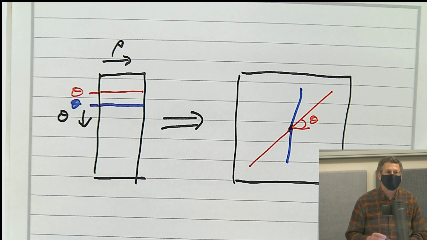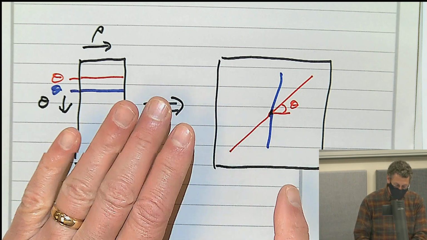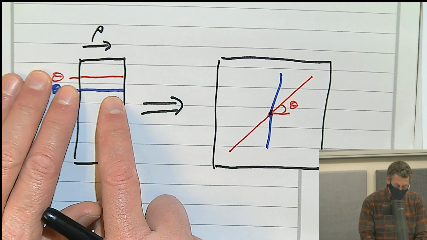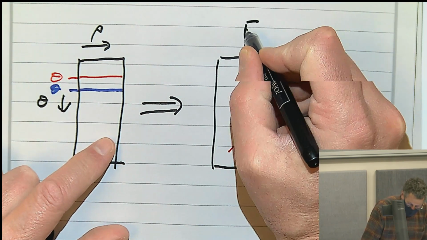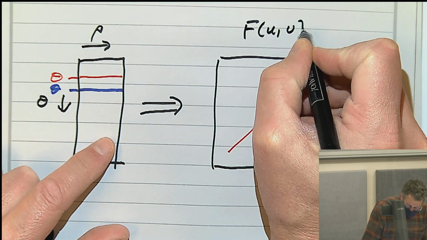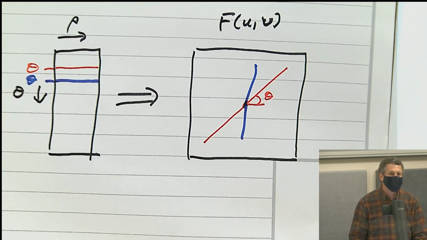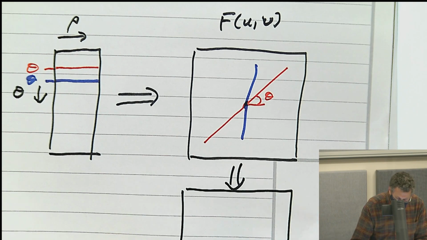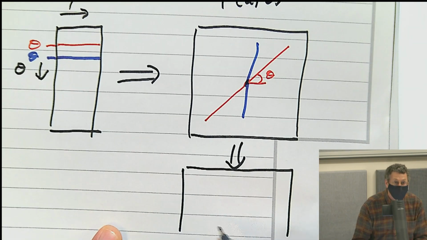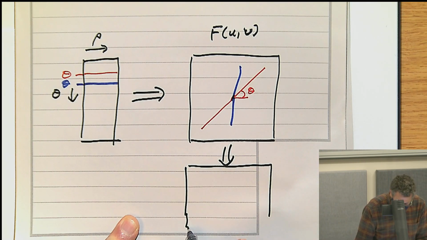Then this thing here is the amazing thing. This is the polar coordinate transform of this, but it turns out that this is F of u, v. It's the 2D Fourier transform of the original image you wanted. So if you want to recover the original image, you take the 2D inverse Fourier transform of this.